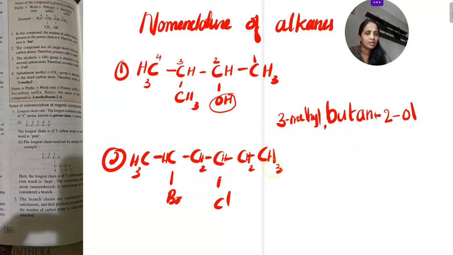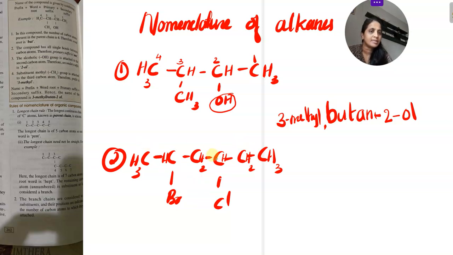Then the second one. Another question here: CH3, CH2, CHCl, CH2, CH3. Here also, first we have to number these carbon atoms. How will you number these carbon atoms?